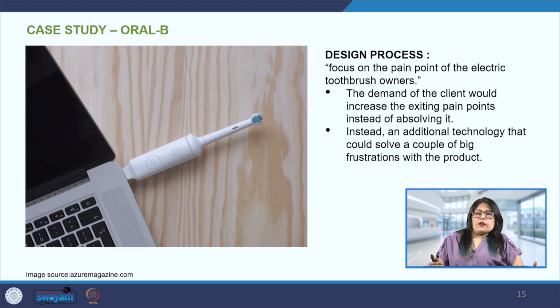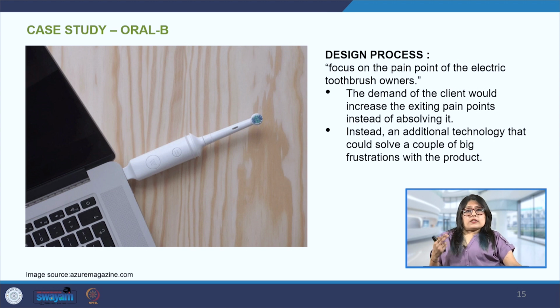They felt from their observation, their whole process of empathizing with the user, that people are already under a lot of pressure when it comes to cleaning their teeth. Have I brushed enough? Did I brush enough number of times? Did I brush for enough amount of time? All of these questions are already going on in the mind of the user, because they understand the importance of teeth, that we only have one set, so we cannot afford to lose them.